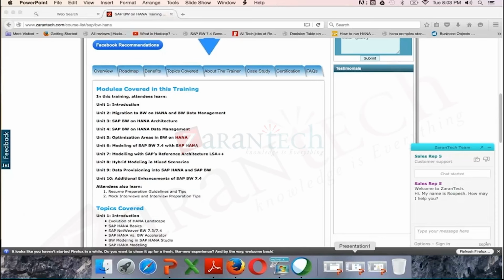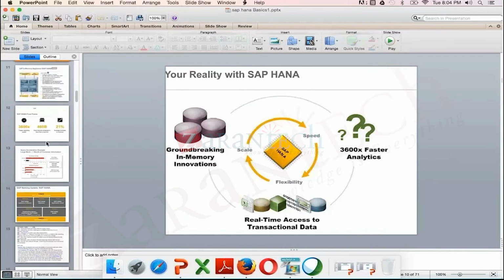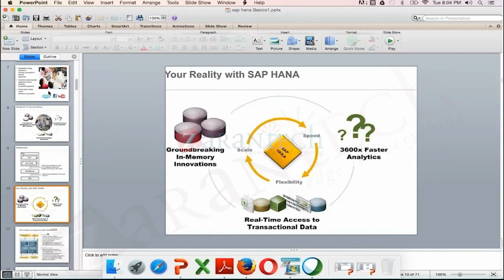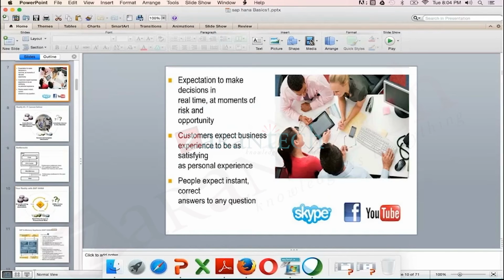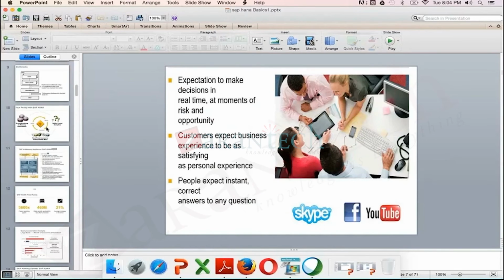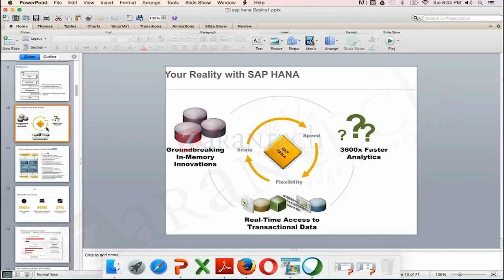Now, the challenges the companies were going through as a result of information explosion. These challenges and consequences the companies can overcome by using SAP HANA. SAP HANA is an in-memory database, highly scalable, in the sense the complete data resides in the main memory as well.